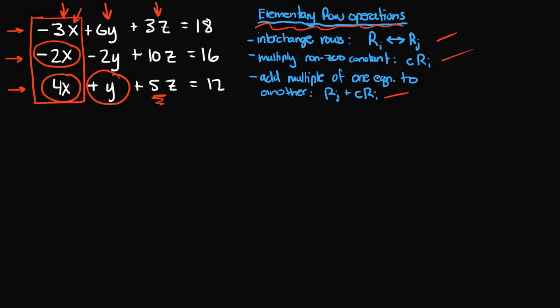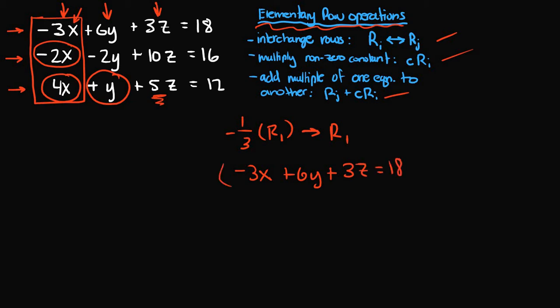So the first thing I'm going to do is multiply row 1 by a non-zero constant, and that's going to be negative 1/3. Right? And that's going to give us our new row 1. So let's see what happens when we do that. The first equation is negative 3x plus 6y plus 3z is equal to 18.